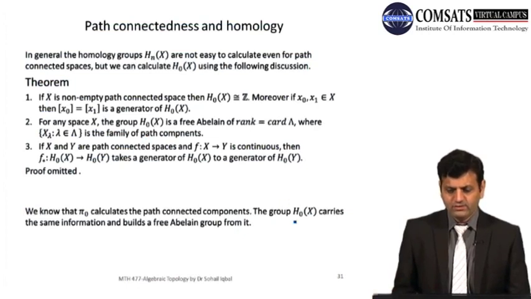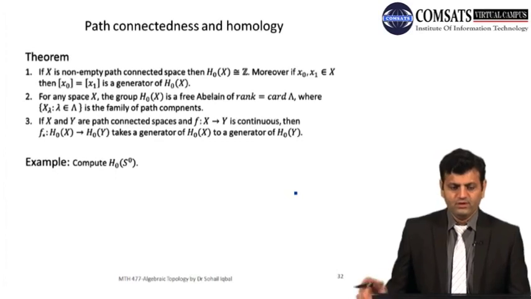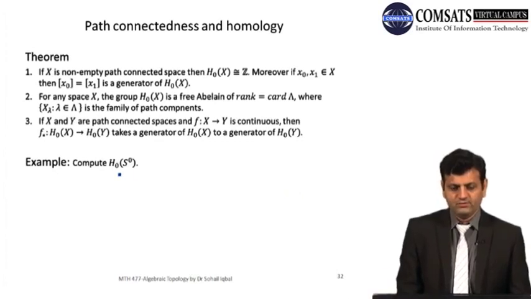The group H naught carries the same information and builds a free abelian group from it. So you can say that the information that pi naught and H naught carry is the same, but H naught X is always a free abelian group. As a simple exercise, we can calculate the homology H naught of S naught.